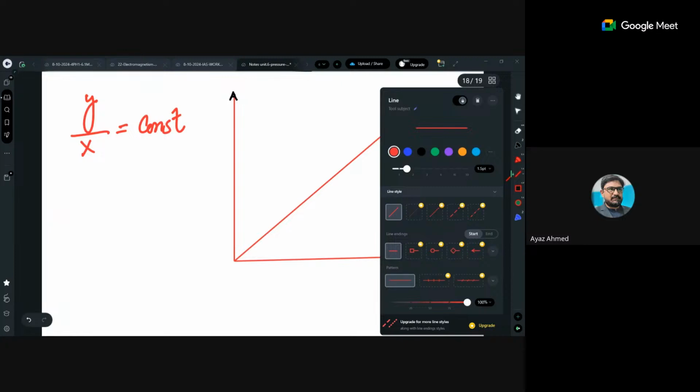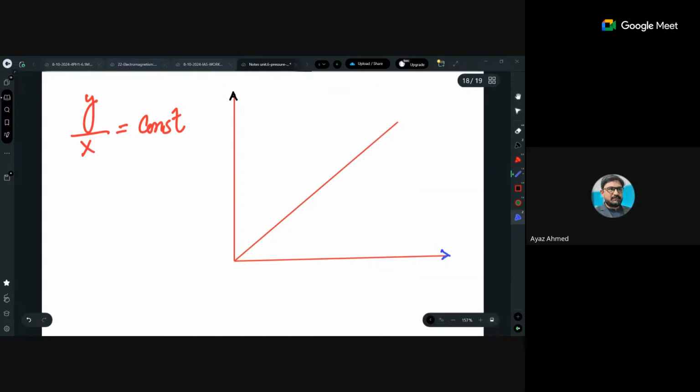Let me put some values. There is no grid available for me, that's why I will just make it simple. Let's say it is 0, 10, 20, 30, 40. This is your x. And for y, it is 100, let's say 200, 300, and 400. This is your y.